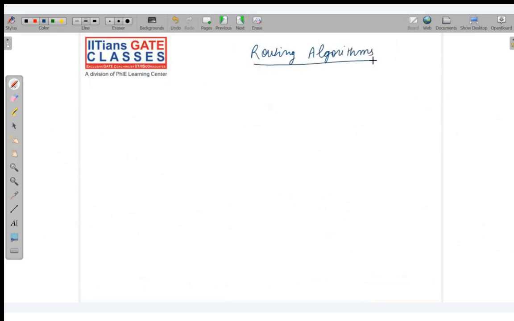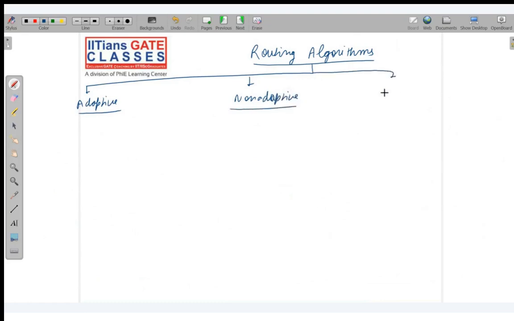The first is adaptive routing. Next is non-adaptive. And the last is broadcasting algorithms.